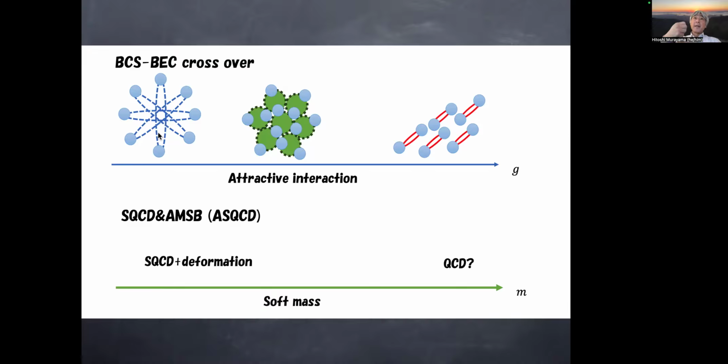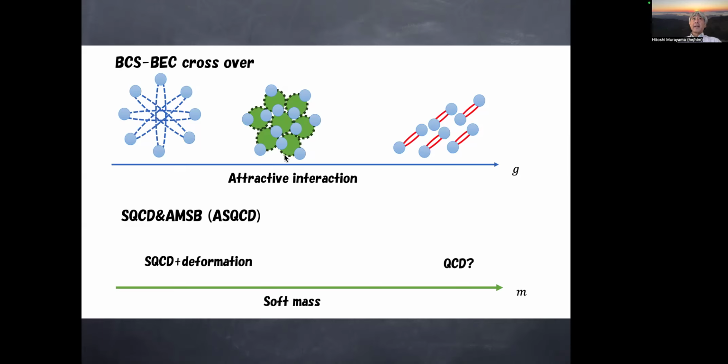Now, once you start making this attractive force stronger and stronger, at some point you lose your theoretical control. You don't know how to compute things. And when the coupling becomes very strong, something non-perturbative happens: electrons form a bound state, and the bound state is a boson. That boson can undergo Bose-Einstein condensation. So in that limit, once again, U(1) symmetry is broken because of the BEC.